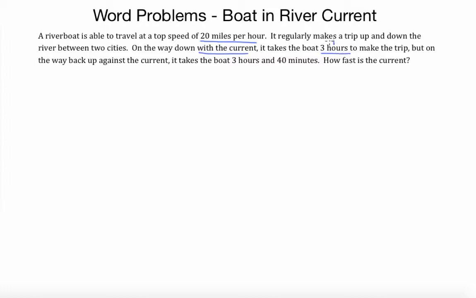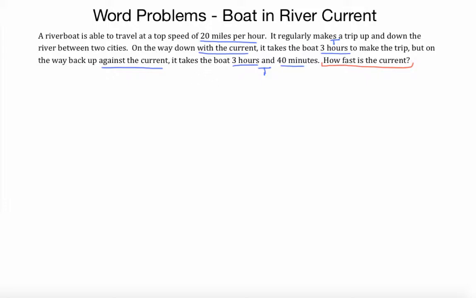That looks like a time, so I'm going to mark that with a T. But on the way back against the current, it takes the boat 3 hours and 40 minutes. That's another time. It goes slower against the current. The water is pushing it, slowing it down. We are asked to find how fast is the current. Let's highlight that question: how fast is the water current, both pushing the boat one way down and going against the boat on the way back?